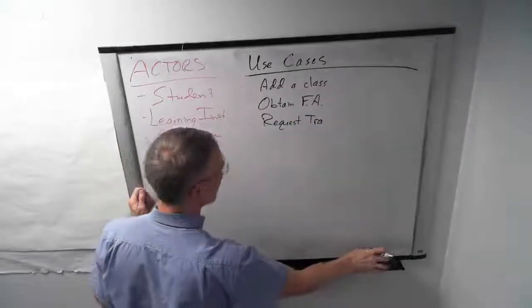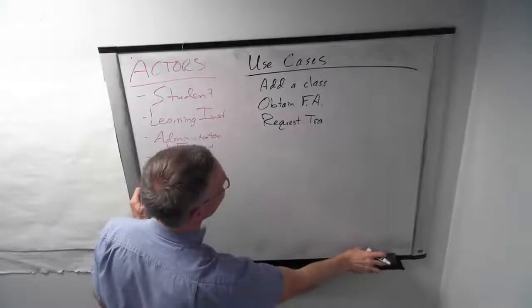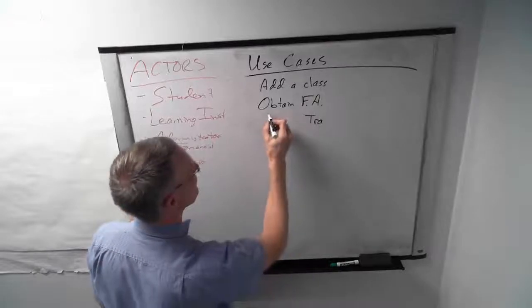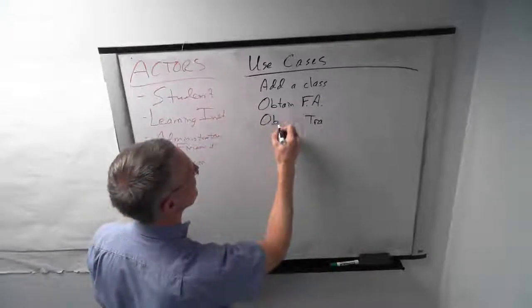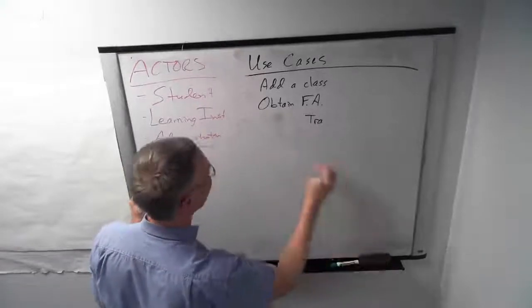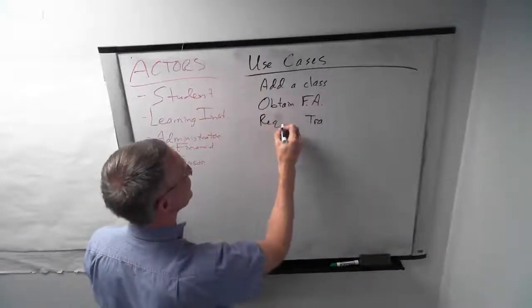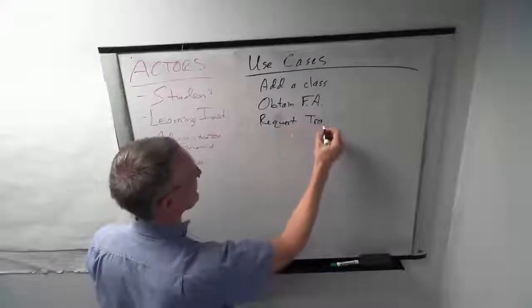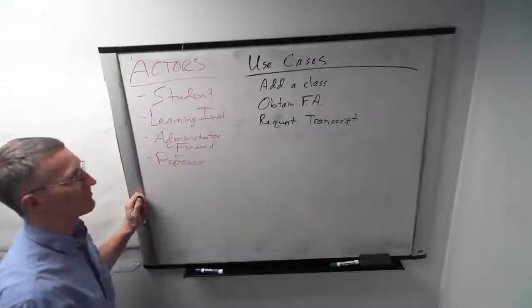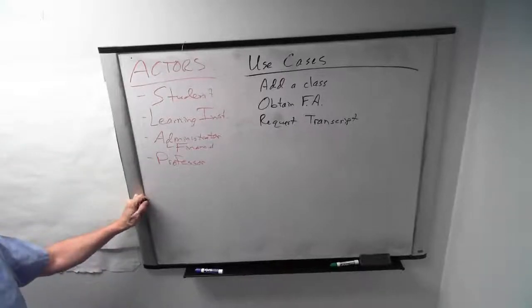Obtain, what's that? That's all acronyms. So obtain financial. I was going to say obtain again, but I don't know if you want to use the same word. Yeah, I was just noticing that myself. I'll just stay with request right now. Request transcript. And then create online account for student.